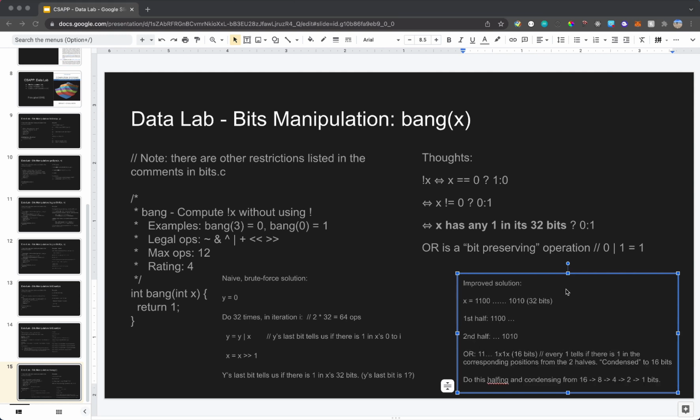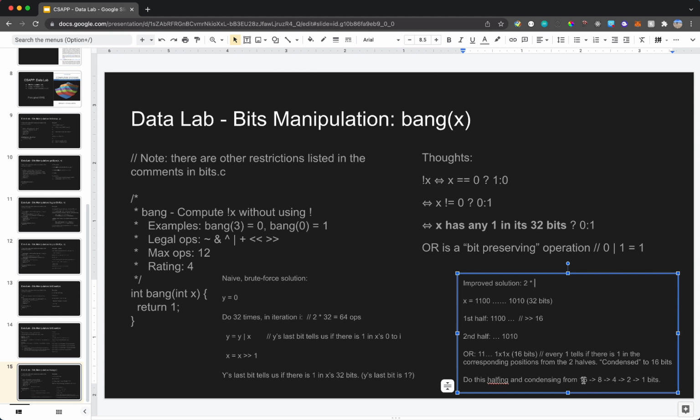So let's calculate how many operations we are doing in this solution. In every iteration, we do this halving and OR. By shifting the half, we are really using this right shift by 16. So we do this right shift operation, and then we do this OR operation. So there are still 2 operations per time.